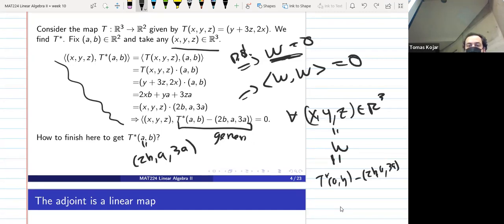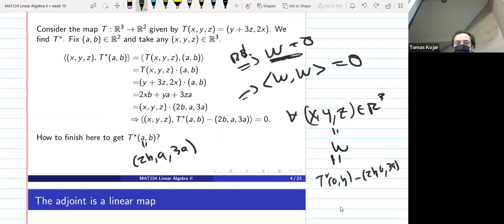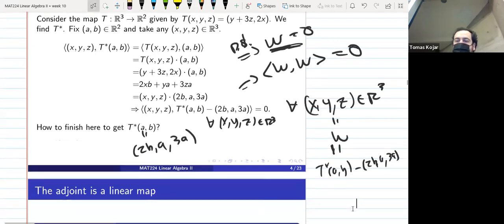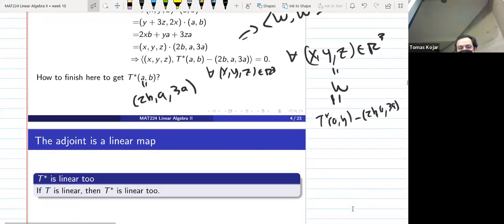But anyway, that's how you prove things. You prove orthogonality for all elements in your vector space, and then use that the only vector orthogonal to everybody is 0.